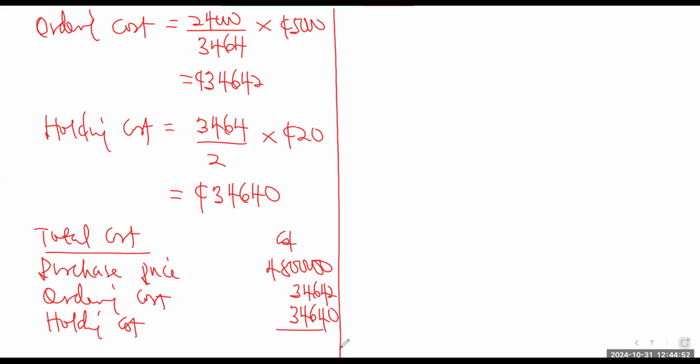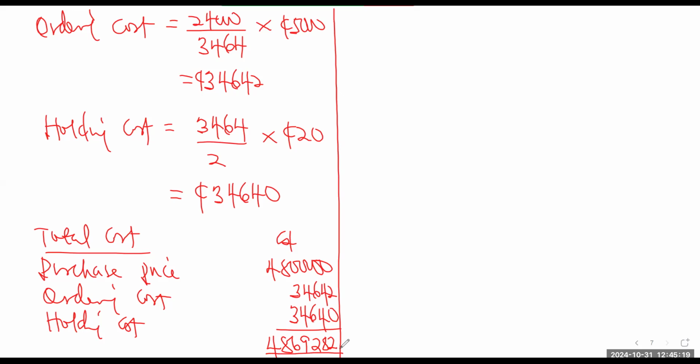What will be the total? 4,869,282. Okay. All right. So that is the total cost under the economic order quantity.